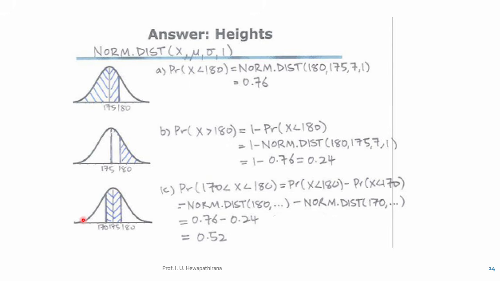So this would be norm.dist 180 and the rest of the parameters minus norm.dist x equals 170 and the rest of the parameters. So this would be 0.76 and this would be 0.24. So the probability of the heights lying between 170 and 180 would be 0.52.